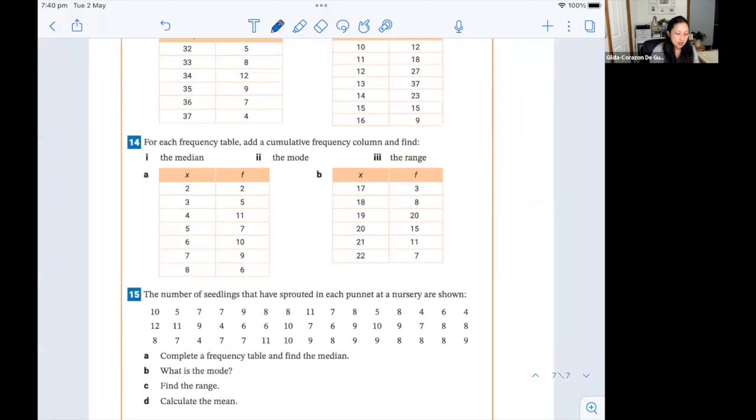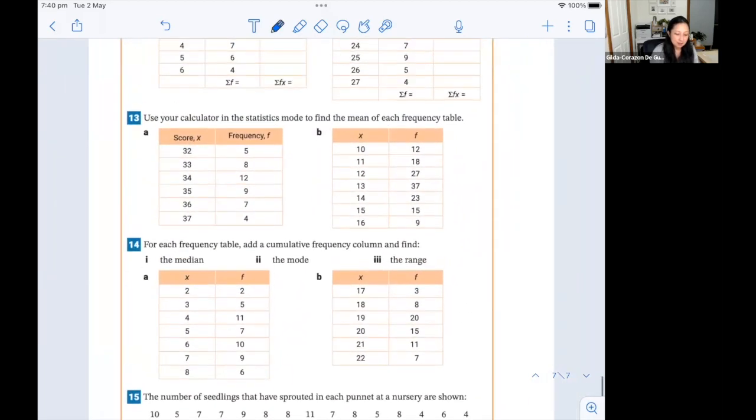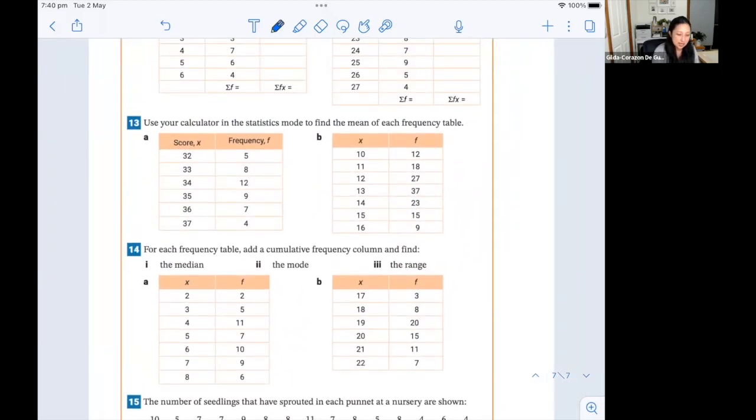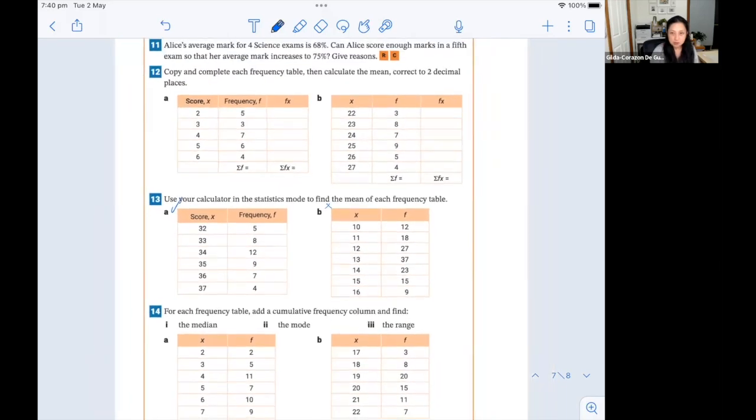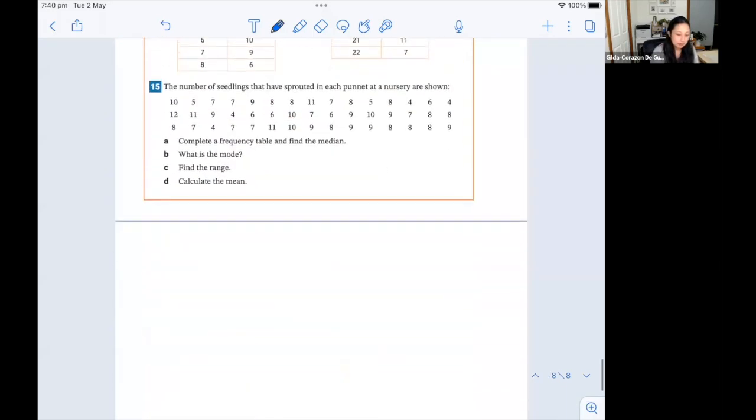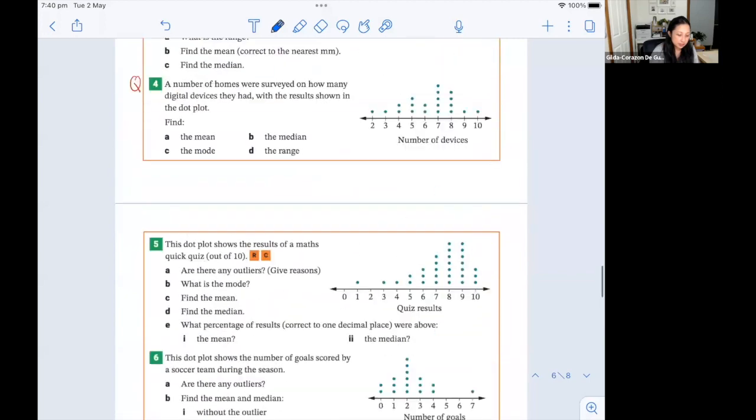Okay, so once you get the hang of it, maybe you just choose A and not do B if you're sure that you were able to demonstrate our success criteria there. If you wish to do both, then that would be more awesome. Okay, right, so do those questions.